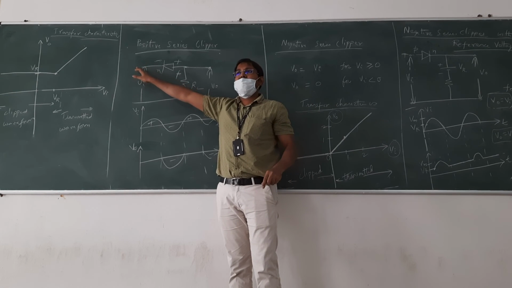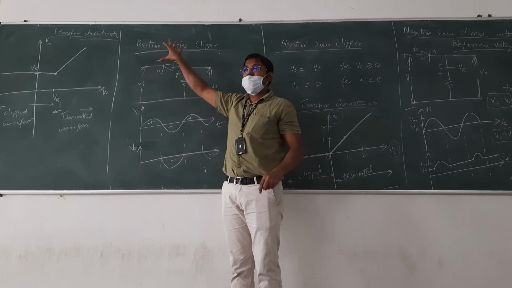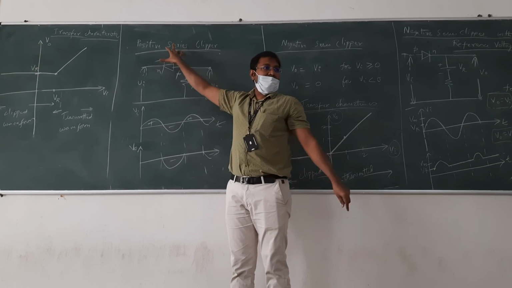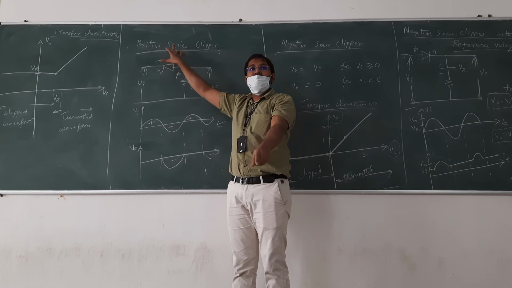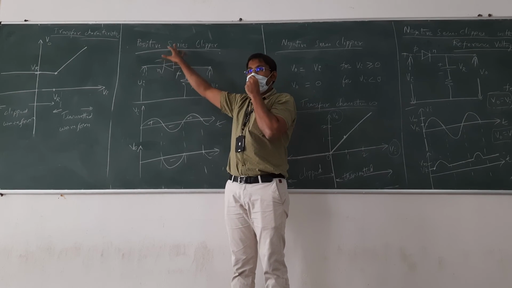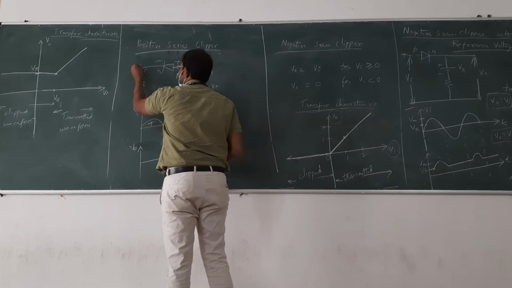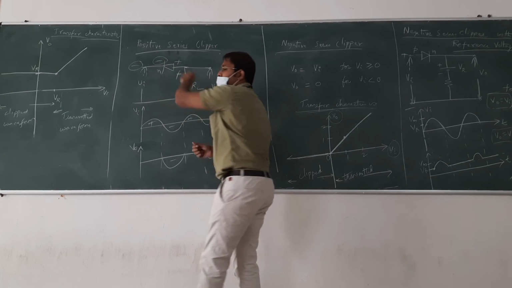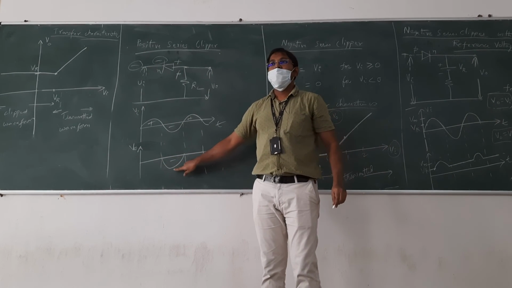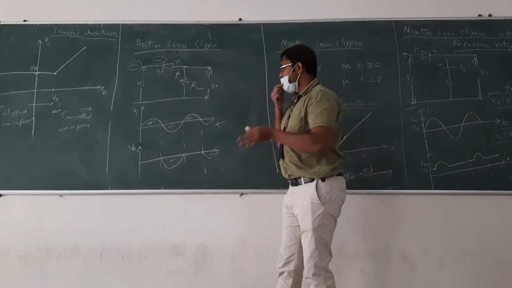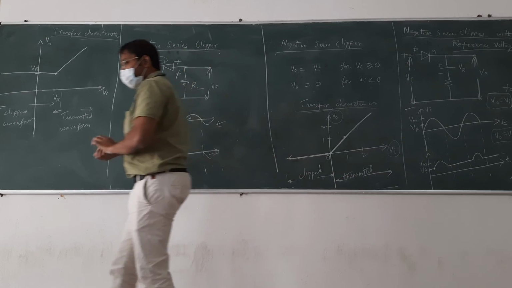Forward bias means direct connection, switch on. So input and output are directly connected. Whatever the input, the same will be the output during the negative half cycle. So the negative half cycle is the same as this, right? So this one you can easily understand.